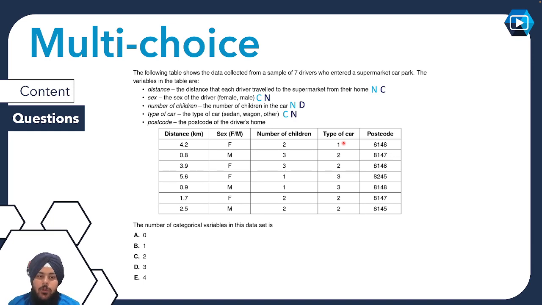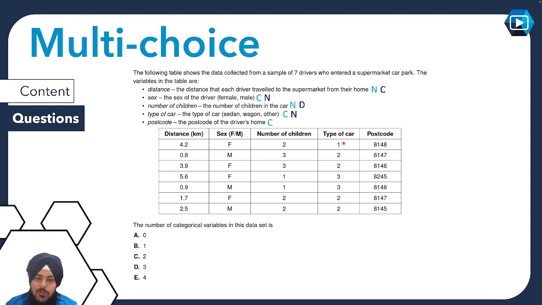And lastly, the postcode. The postcode is a little bit of a tricky one. A lot of students will think that it is a numerical variable. However, the postcode is not really a quantity. It's just a sort of name, essentially, or a category given to the place where you live. For a numerical variable, the numbers actually have to mean something, and for a postcode, 8148, for example, doesn't really mean anything.